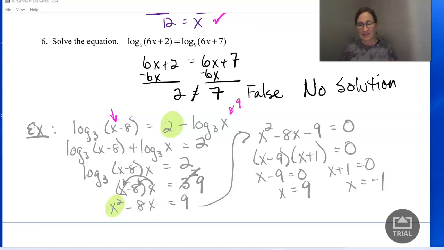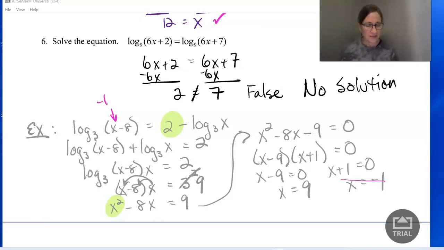All right, now let's test -1 as a potential solution. If I put a -1 in for x, I get a -9 for my argument. I don't have to go any further. If that solution does not work for even one of the arguments, then it doesn't work for the entire equation.